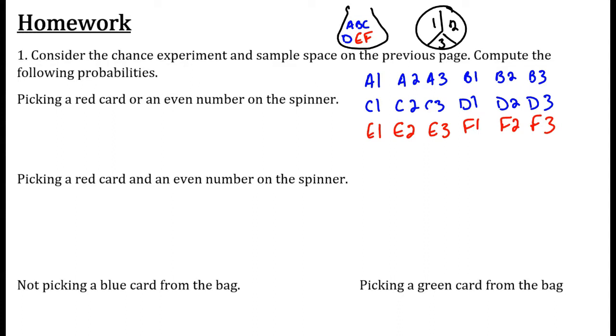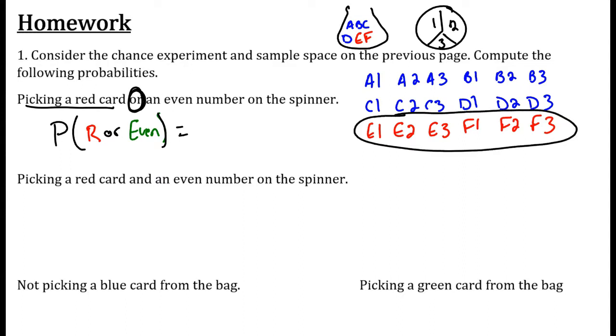So I want to know the probability of picking a red card, or picking an even. Probability of red or even. The keyword with or is that I don't care as long as one of them is satisfied. So these are my red ones.